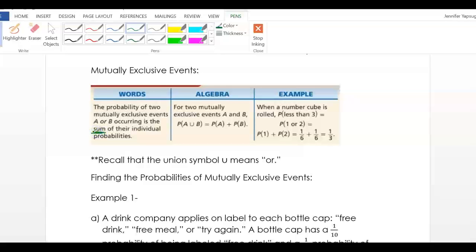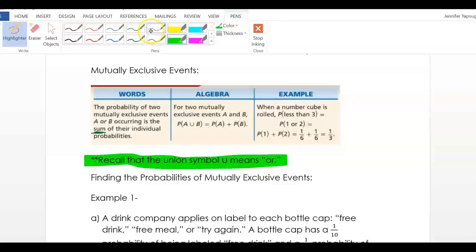In algebra, for two mutually exclusive events A and B, you would see it written like this: the probability of A, then this union symbol, B. I referred to this down here to recall that the union symbol means or. And so what that means is to add your probability of A plus the probability of B together.